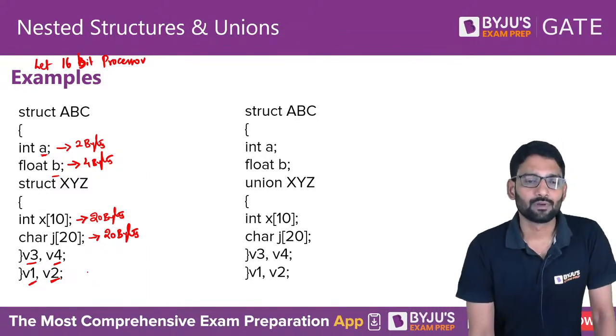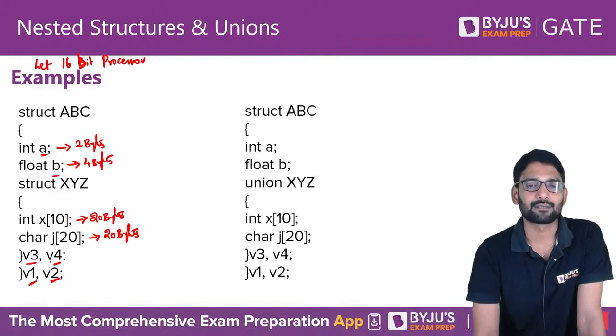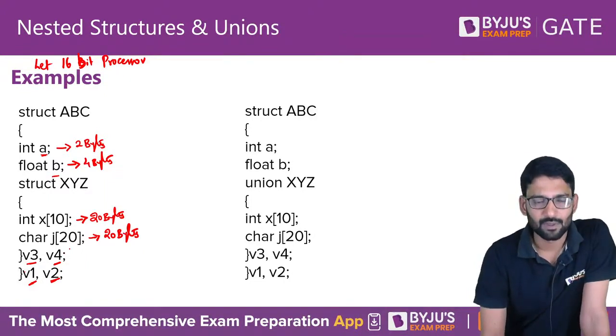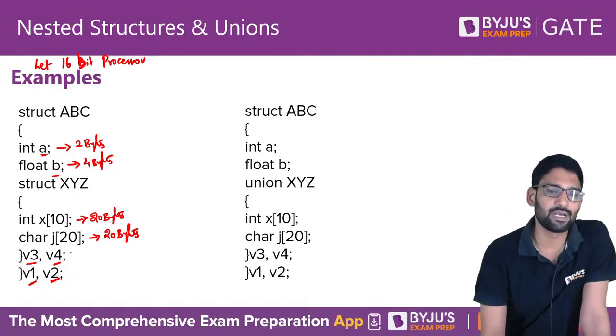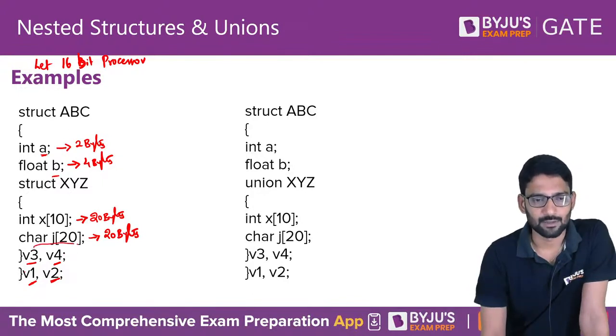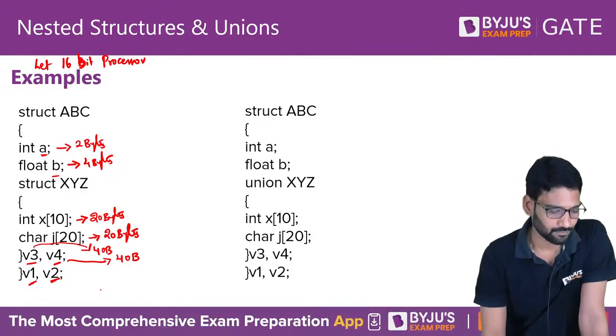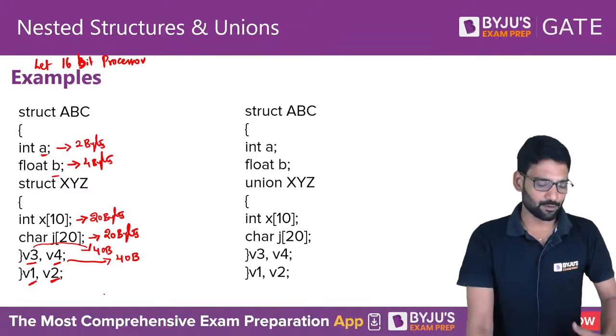Now what would be V3 size? V3 size would be 20 plus 20, 40 bytes. V4 size would be 20 plus 20, 40 bytes. So V3 will have 40 byte, V4 also will have 40 byte. But what would be the size of V1?